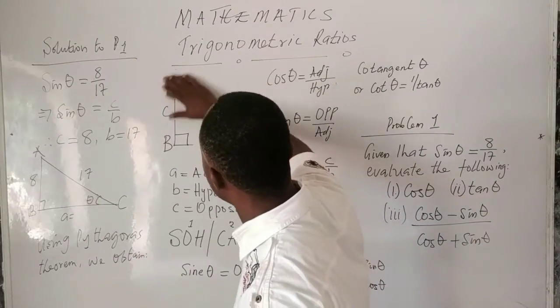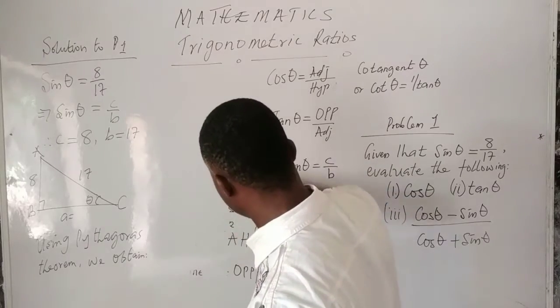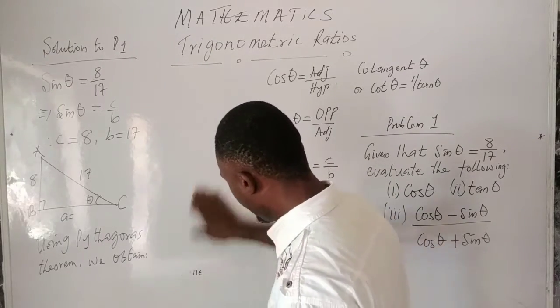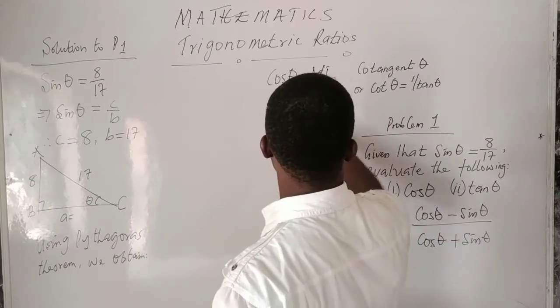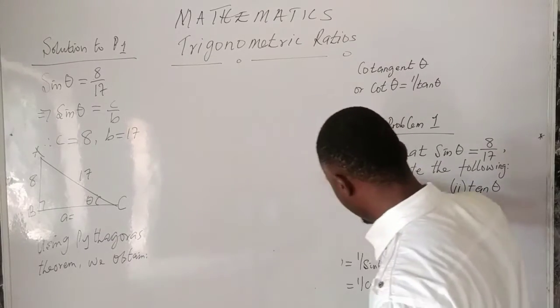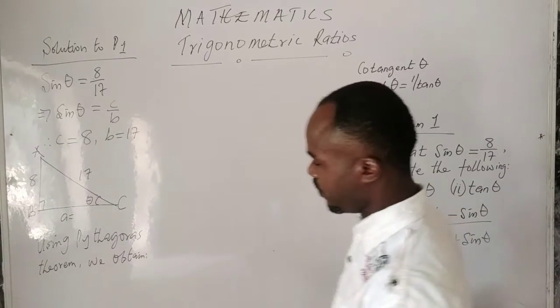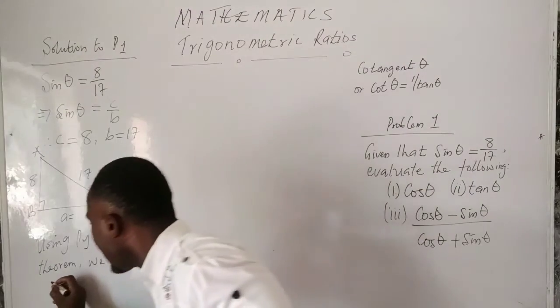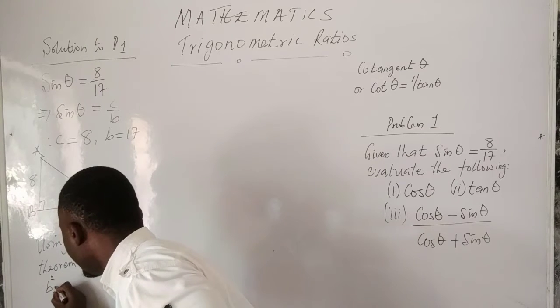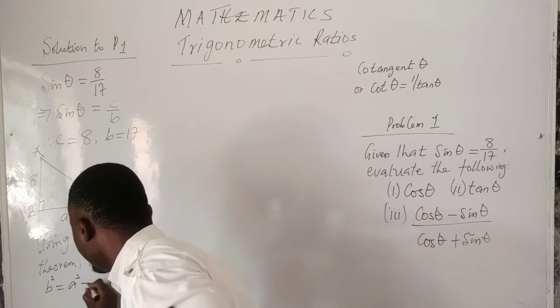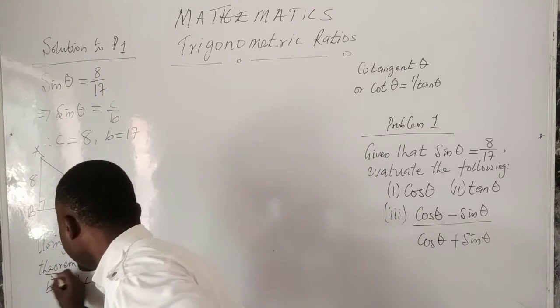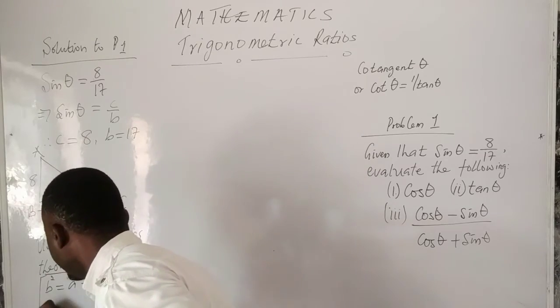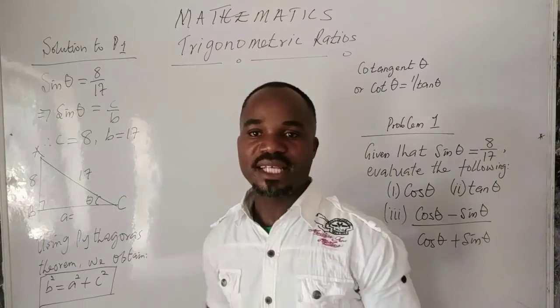So it's now time for us to clean this part of the board and then create some space where we'll now write all these things accordingly. So Pythagoras theorem, we have this. It's given as B squared is equal to A squared plus C squared. This is the simple statement of Pythagoras.